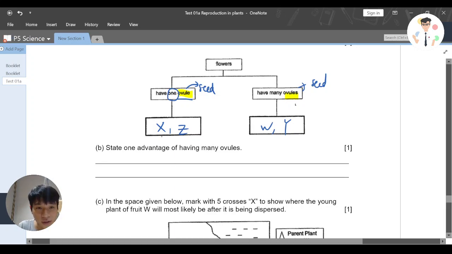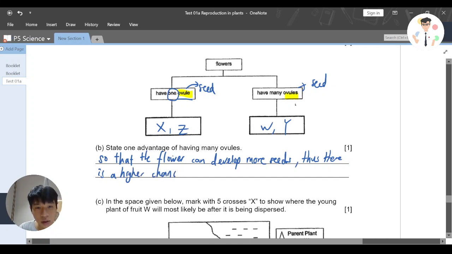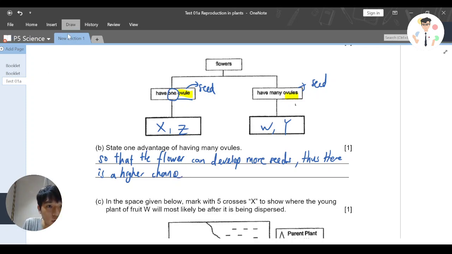So how do we write this? So let me just write this as so that the flower can develop more seeds. Thus, there is a higher chance, so this is E. Let me just rewrite this.